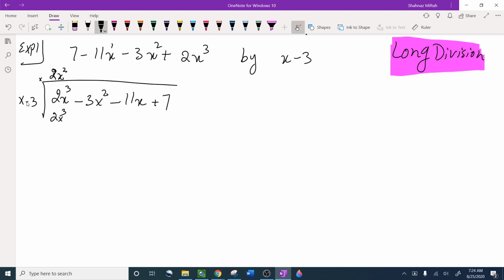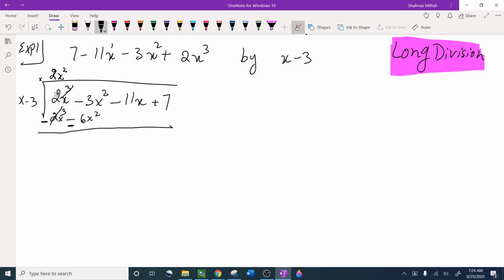Then I have 2x squared, and we have to multiply this term, the new one we get, with the second term that we have up here. So 2x squared times 3 is going to give me minus 6x squared. Now, what do you do the second step? Subtract. Subtract every term. So draw a line.